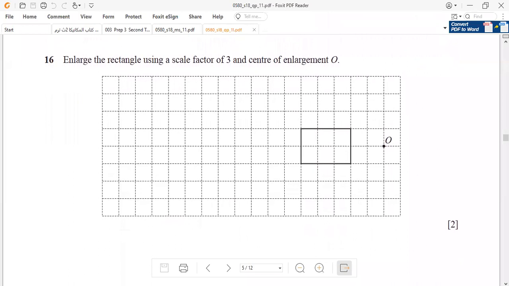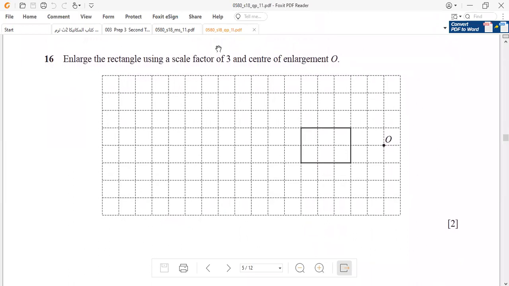In question 16, with 2 marks, enlarge the rectangle using a scale factor of 3 and a center of enlargement O. To make this enlargement by using the center of the point O, we can draw 4 rays with a starting point O, like that.